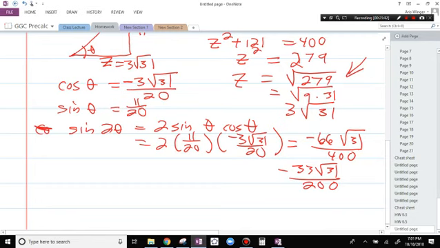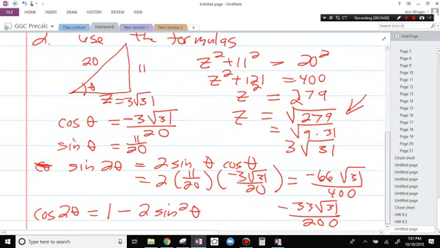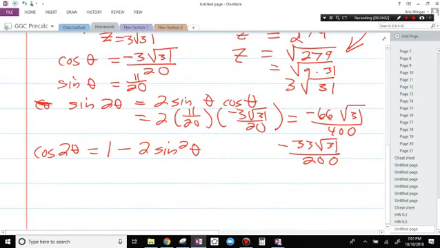Questions there about that? It's all formula. Cosine 2 theta, if you do 1 minus 2 sine squared theta, right? Then we already had sine, and it was already nice, so that's why I used it. It's the one that was given. It's 1 minus 2 times 11 over 20 squared, right?